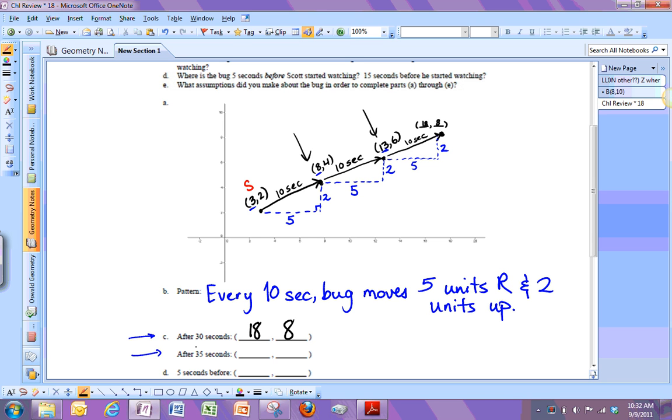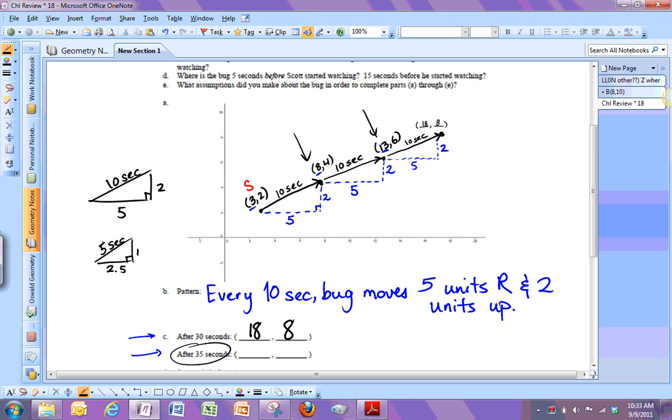Now I've got to do 35 seconds. So I can't go 5 and 2 or else that'll get me to 40 seconds. So 5 seconds shouldn't be too bad if you know 10 seconds looks like this. Let me make this more accurate. This is 10 seconds. So for 5 seconds, hopefully that makes sense that you just cut everything in half.